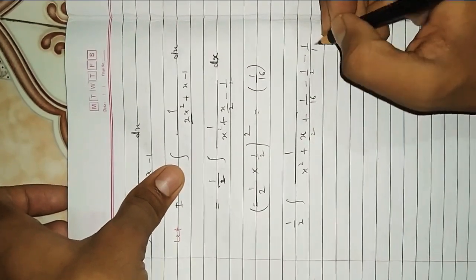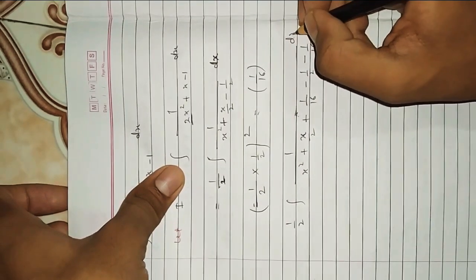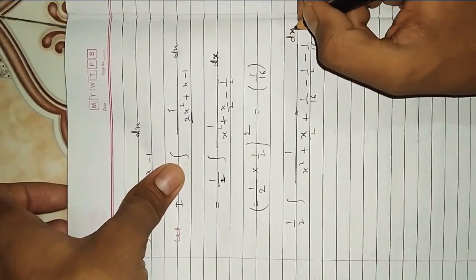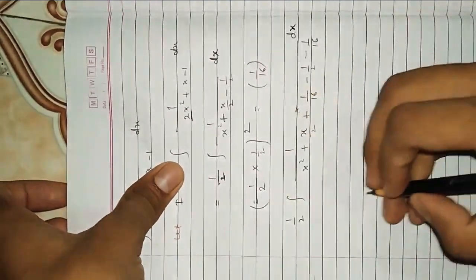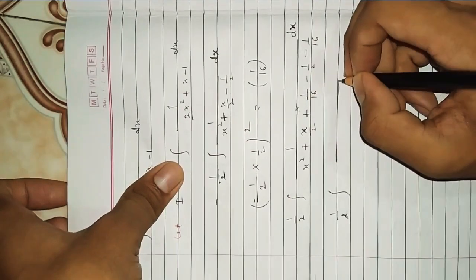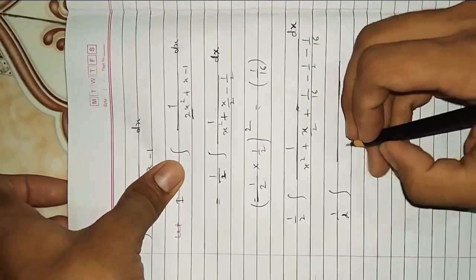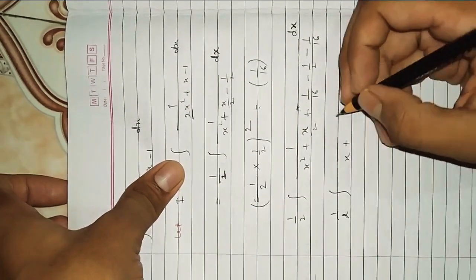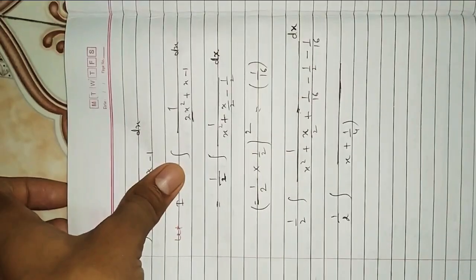minus 1 by 16. So I hope you are understanding what is going on. Again, you need to know how to make a perfect square. So what is the perfect square of this? 1 by 4.